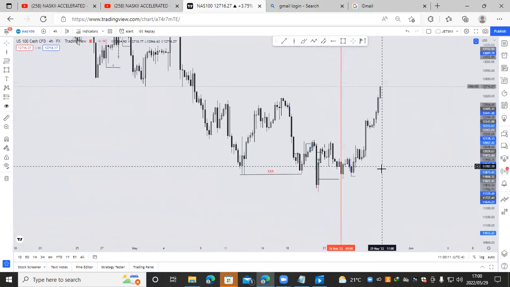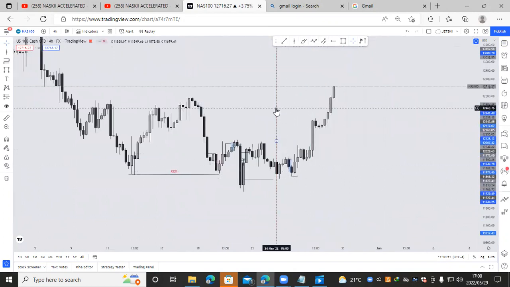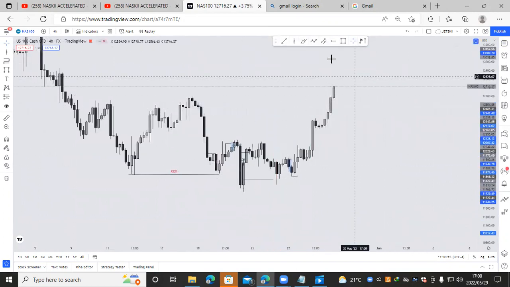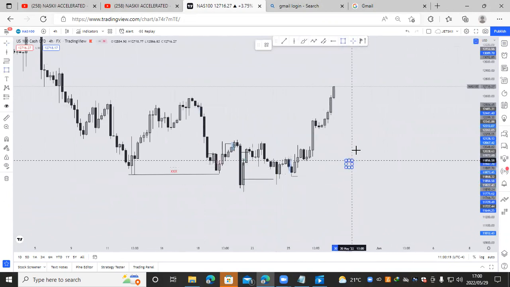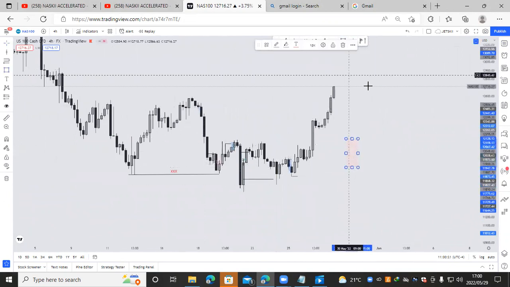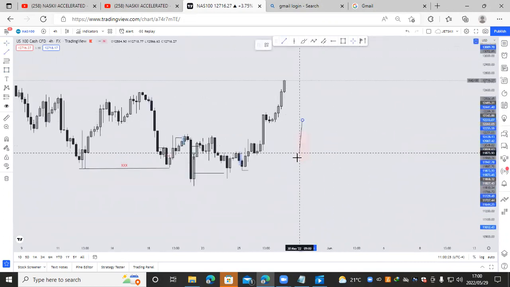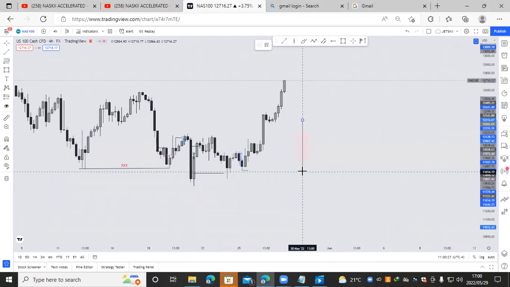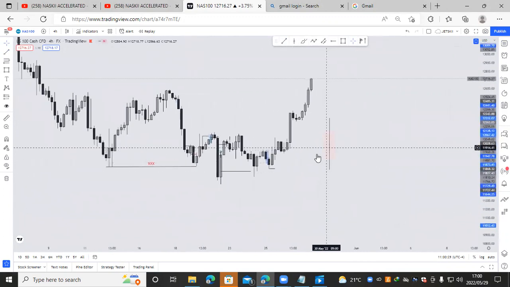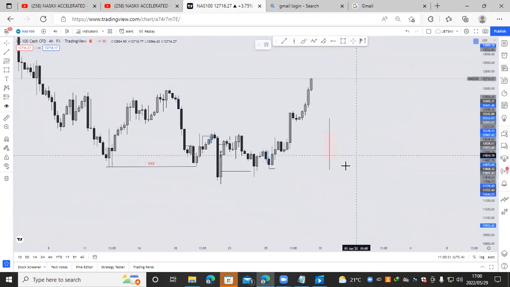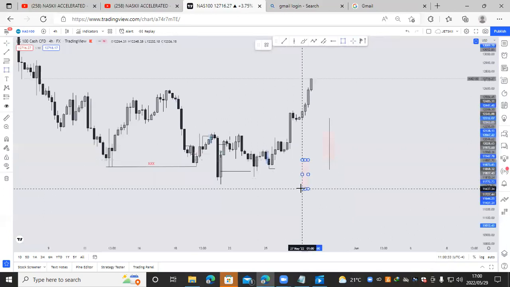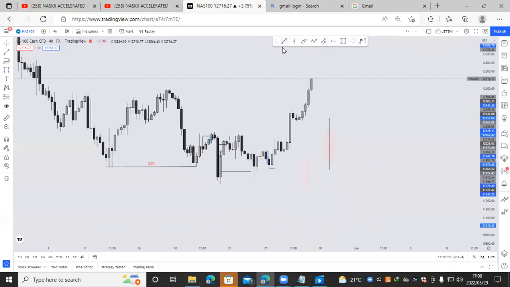Let me remove this. What you want to see: if this is an up candle to the upside, you're gonna have a wick like this. And you might find the previous candle before that one had something like this.